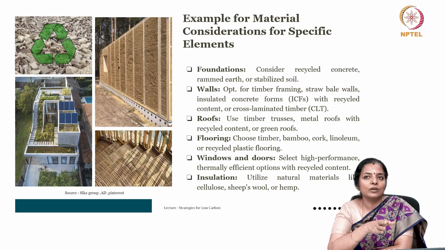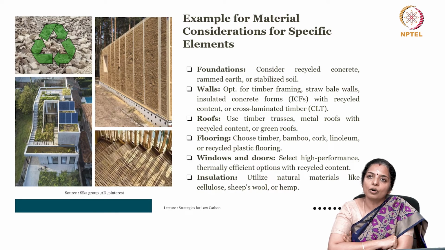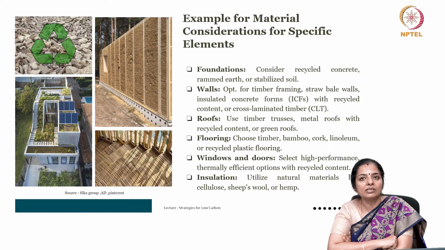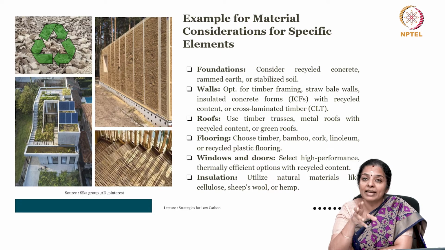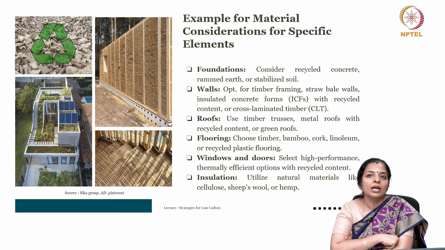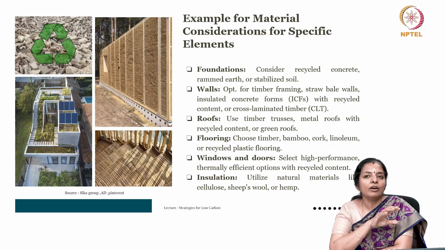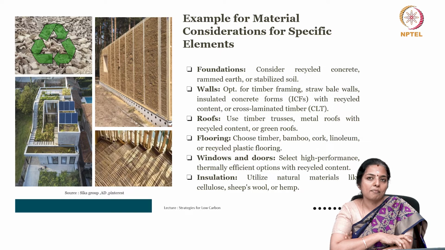All this will further reduce your embodied carbon. For walls, opt for timber framing. Use straw bale walls instead of burnt brick walls wherever it is possible. You can have insulated concrete forms with recycled content, or you can use cross laminated timber, CLT, which we saw last class.